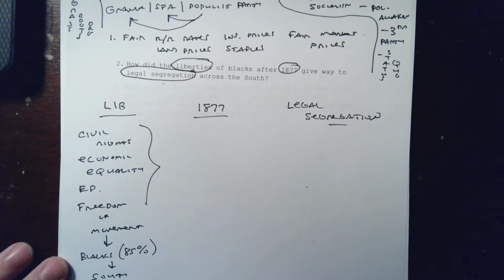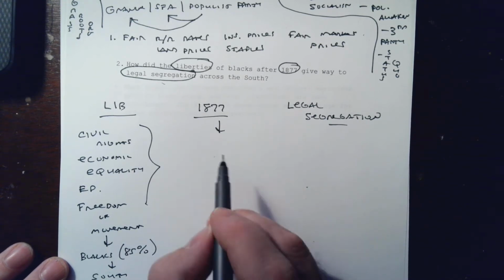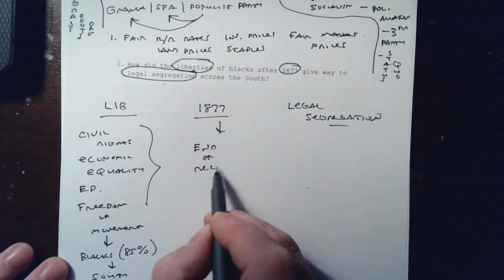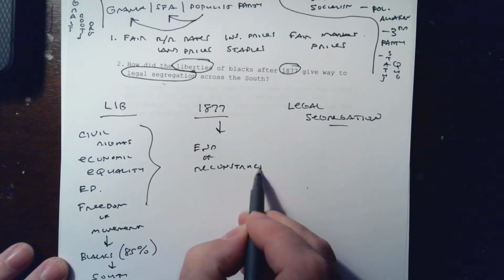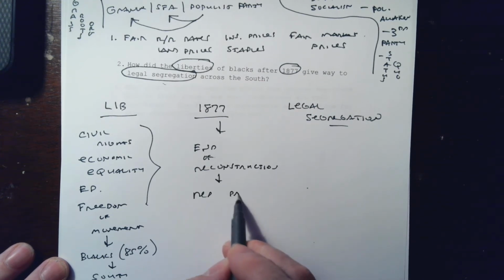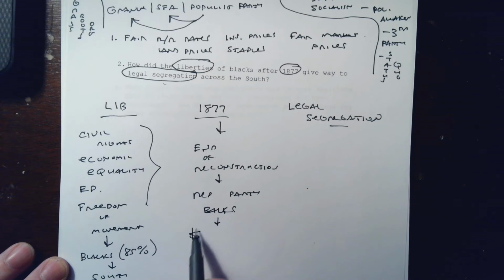They're going to end up saying, either we stay here and put up with this stuff, or we end up moving somewhere else. Now, the significance of 1877, just real briefly, this is the end of Reconstruction. All right. And what happens is the Republican Party balks. In other words, no longer are they going to use money and resources to fight the good fight in the Jim Crow South.